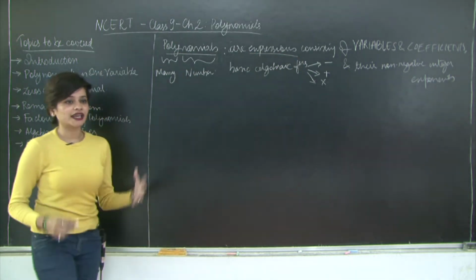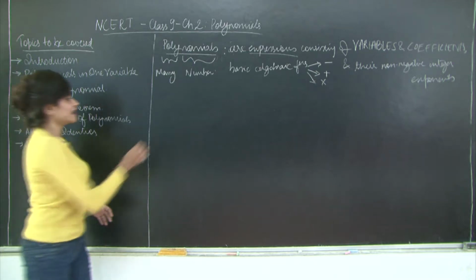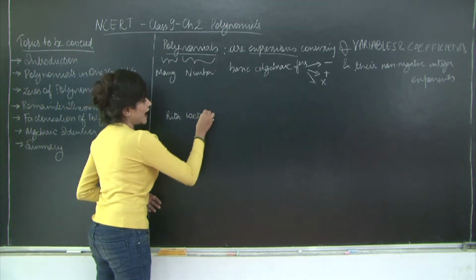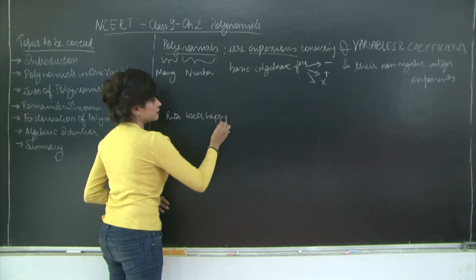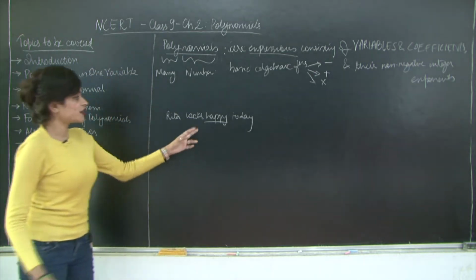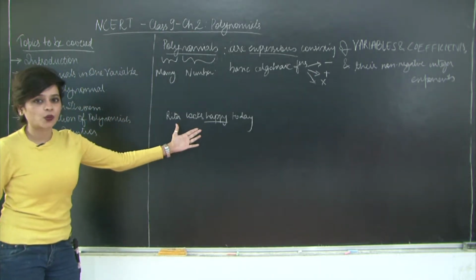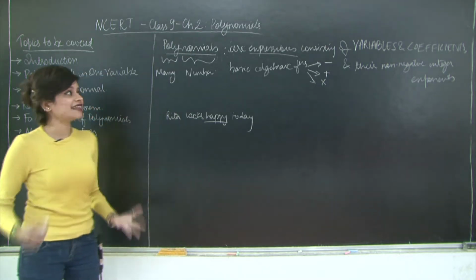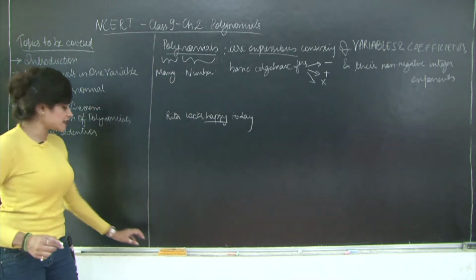So expression in layman's language, if I say that Rita looks happy today. So what are we talking about Rita today? That she looks happy. Happy is conveying what? It is conveying a gesture, it is conveying an expression of somebody's happiness. So how do you express in maths?